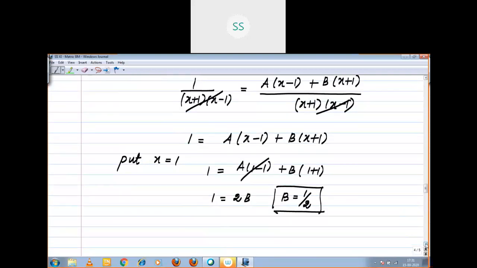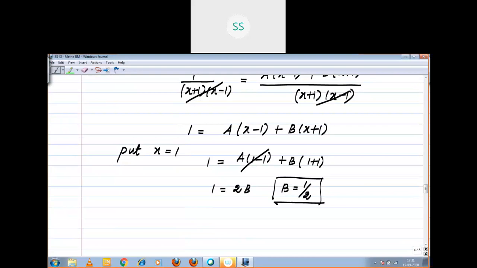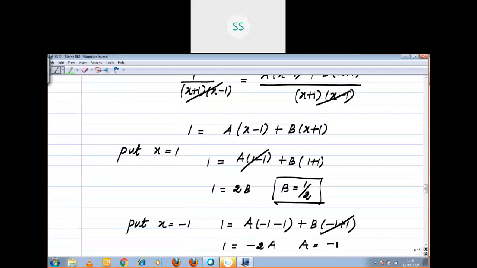Next, put x equal to −1. 1 equals A into (−1 − 1) plus B into (−1 + 1). B vanishes. 1 equals −2A. A equals −1 by 2. Got it?